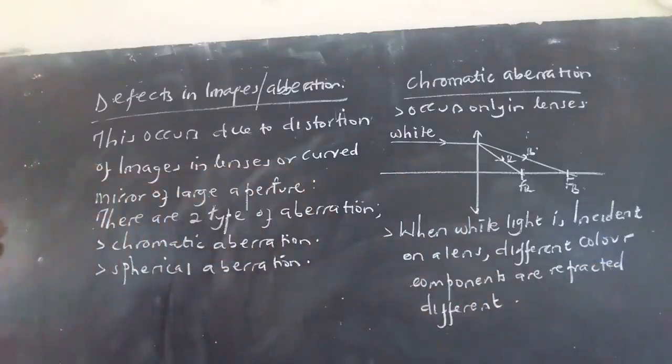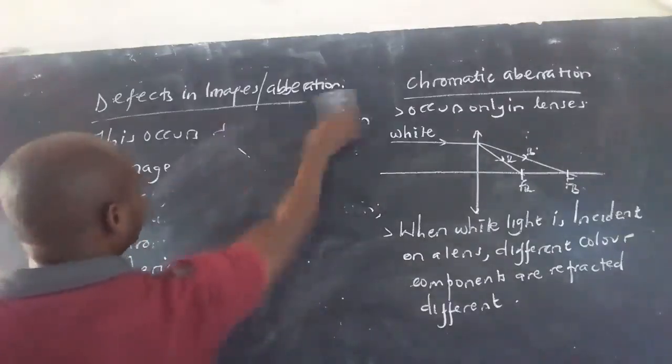Of course, the one which is most refracted is red. The least refracted is blue. So they are refracted differently.